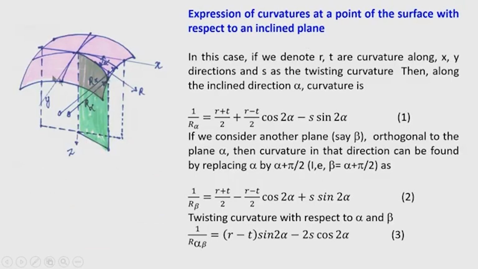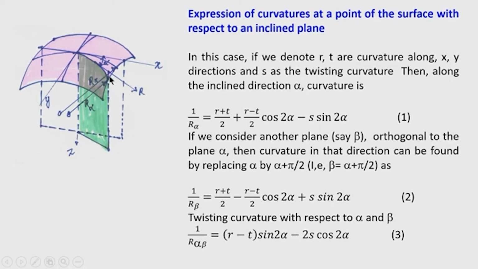Okay. Now, based on that, we go on to find the expression for curvature with respect to an inclined plane. Let us consider the inclined plane, which is at an inclination of alpha. First, we considered the z x plane, and then the z y plane, and found the slope and curvature.